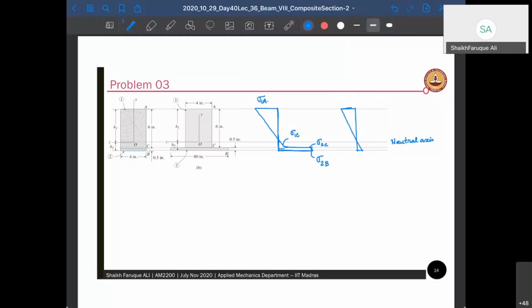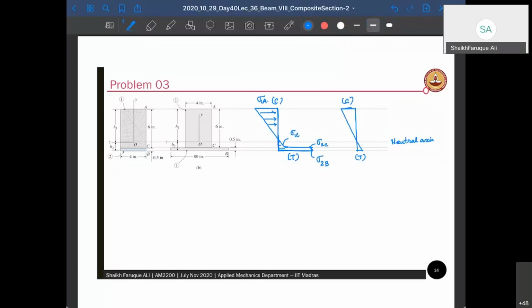This is tensile and this is compressive. It's up to you how to draw it. This is compression. That's the complete picture of the problem. Okay, and that's what we got in the last class also.